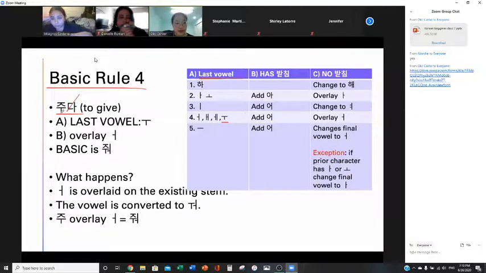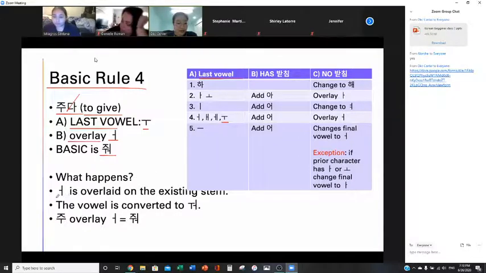So this one right here, for example, didn't have pachim. So you will go to step C and then overlay a. The last vowel right here is u, and then overlay a. So the basic form is cho. It means to give. And remember that this form is the present form. So what happened?